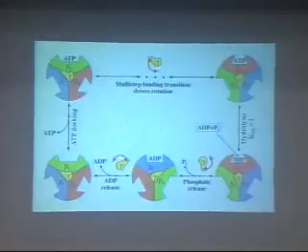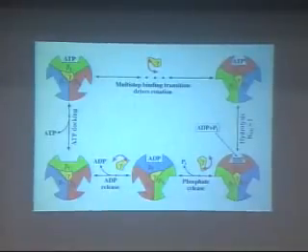Somewhere in the body, the reverse happens: the ATP is converted back to ADP and releases energy, because you need to put energy in to make ATP from ADP. And this is the energy carrier that organisms use.